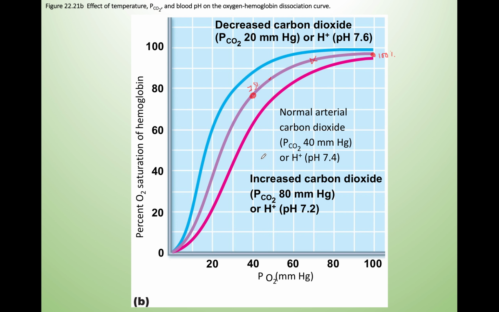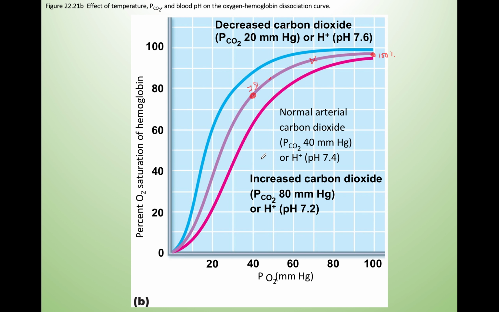So do I want to hold tightly to that oxygen if I have high pressure of carbon dioxide? The answer is no. I want to release the oxygen because I have too much CO2. CO2 implies that your body metabolism is fast, and for your body to carry out the metabolism, you need to release oxygen because oxygen is the fuel for metabolism.